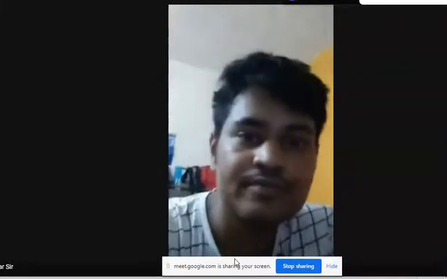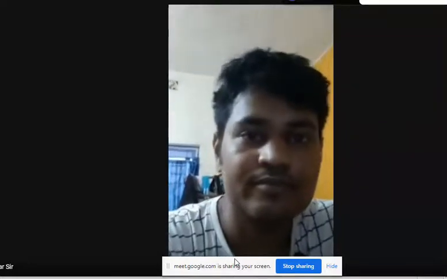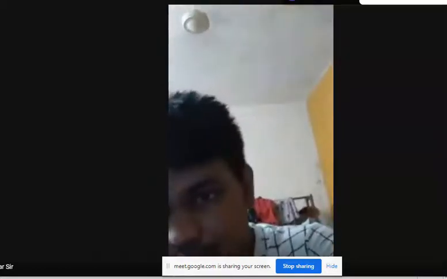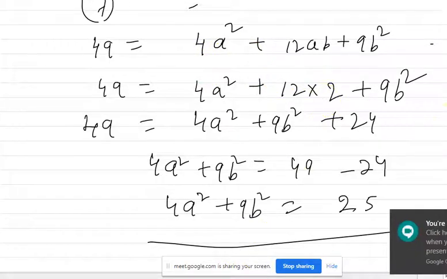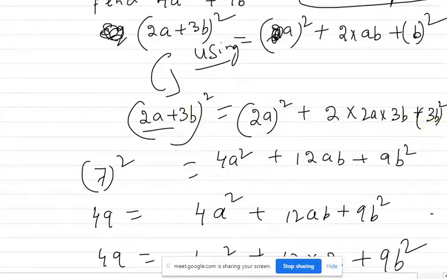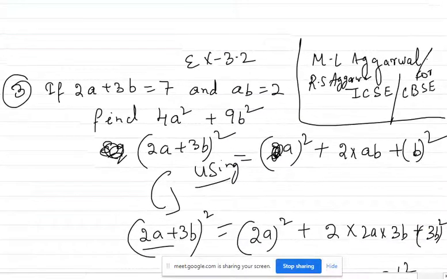Read the question: if 2a plus 3b equal to 7 and ab equal to 2, find 4a square plus 9b square. Back to the screen, just a minute. a plus b whole square, that a square, are you getting? I'm just putting the value: 2a plus 3b is equal to 7.